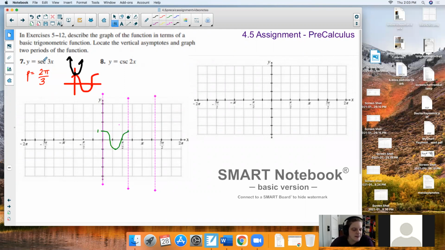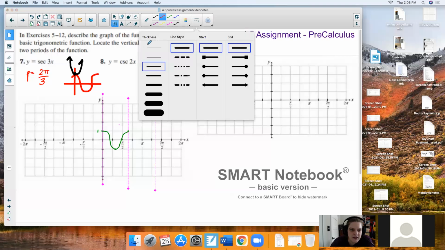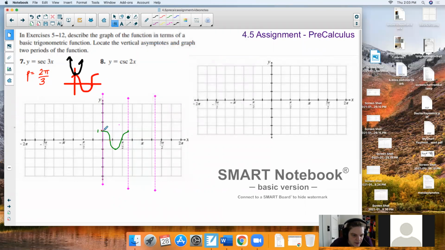And so our secant is going to be the fact that at 0, it would have an asymptote. So it's going to go here. And then it's going to meet here and here. And so that's just the period. It's not actually the asymptote. And then here. And so, of course, it would repeat a little bit.